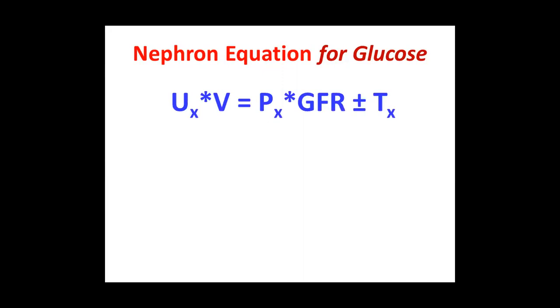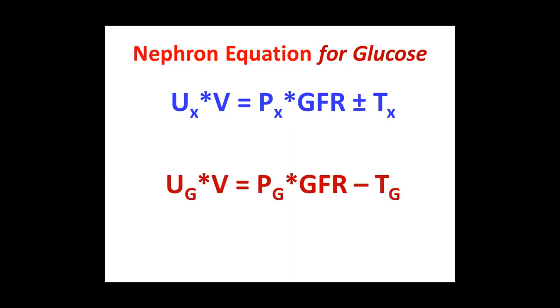Let us rewrite this nephron equation specifically for glucose. So UX, instead of UXV, we write UGV. Instead of PXGFR, we write PGGFR. In case of plus minus TX, we write minus TG, because glucose is a substance which is classically reabsorbed.